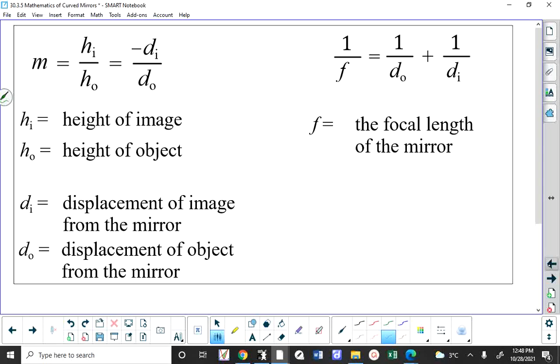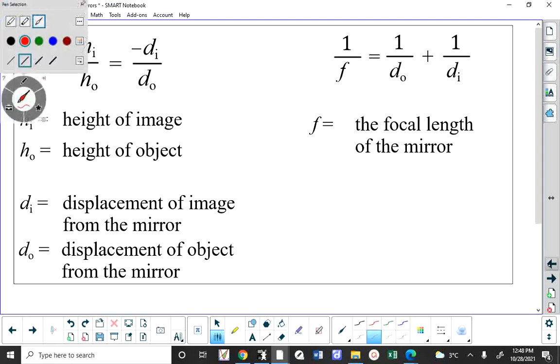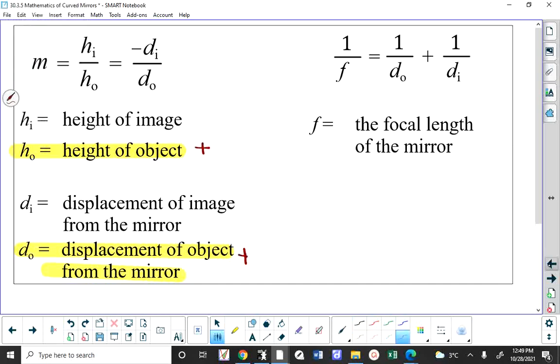Now comes the difficult part. We have all these rules for when something is positive and something is negative. I will tell you right now, and you can make a note of this, that when you talk about the object, the displacement of the object, or the height of the object, these things are always positive.